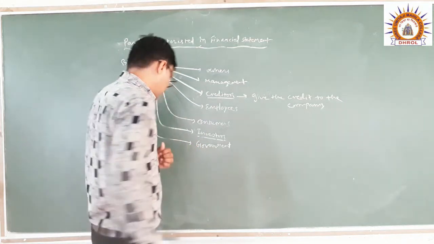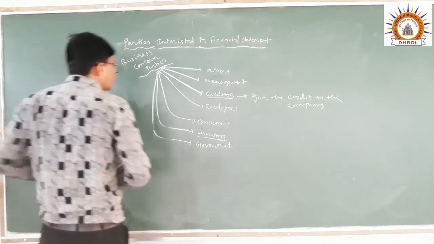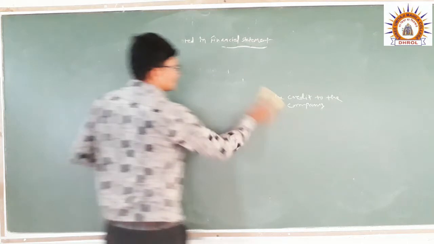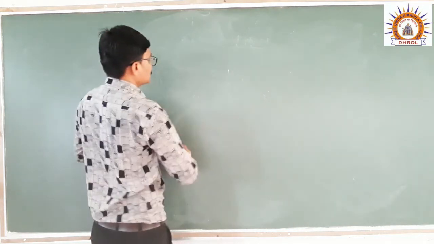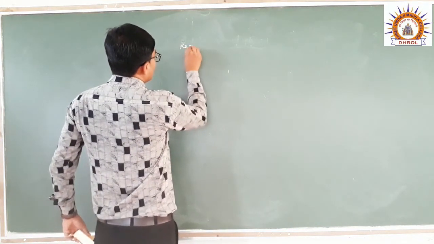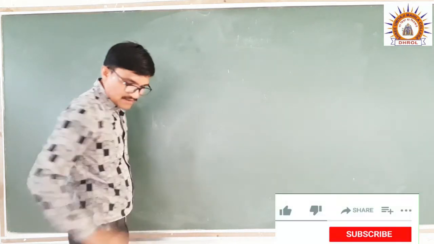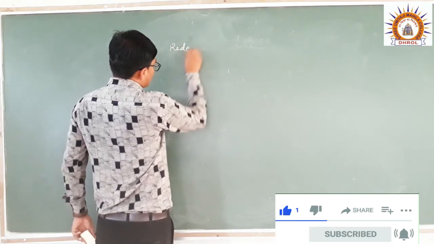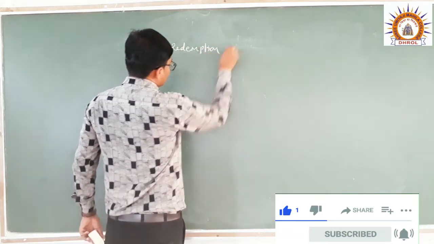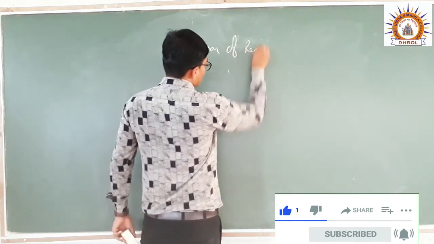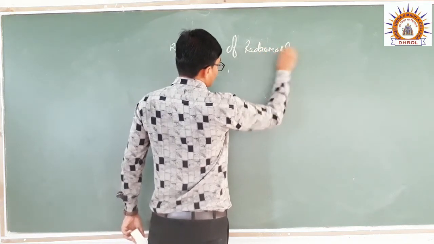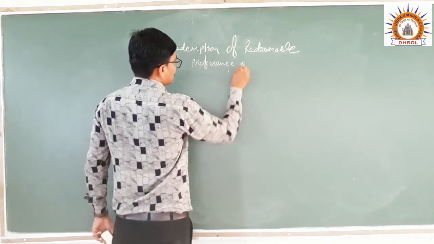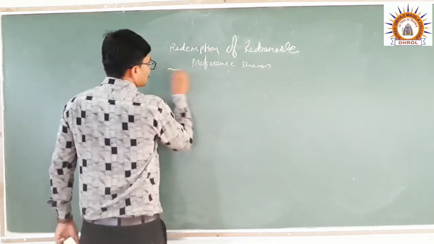So the chapter name is redemption of redeemable preference shares, right?